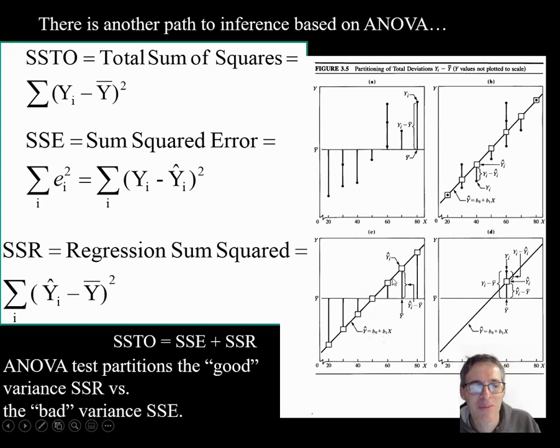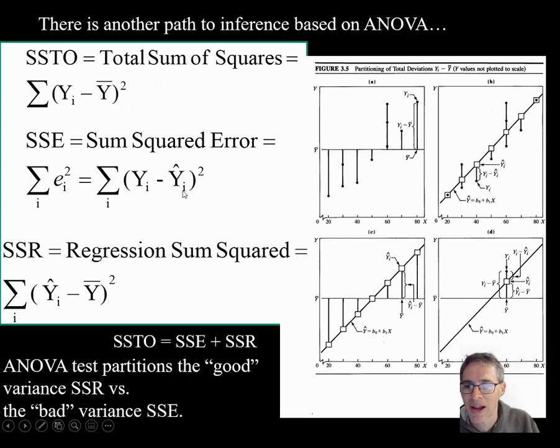And this is going to tell us something about the significance of the model, because remember, when we test a null hypothesis, it's that the slope equals 0. If the slope equals 0, then this model is perfectly fine. If the slope doesn't equal 0, then the regression line will lift off of this average model. So this total sum squares is decomposed in an ANOVA analysis into the sum squared error plus the regression sum squared.